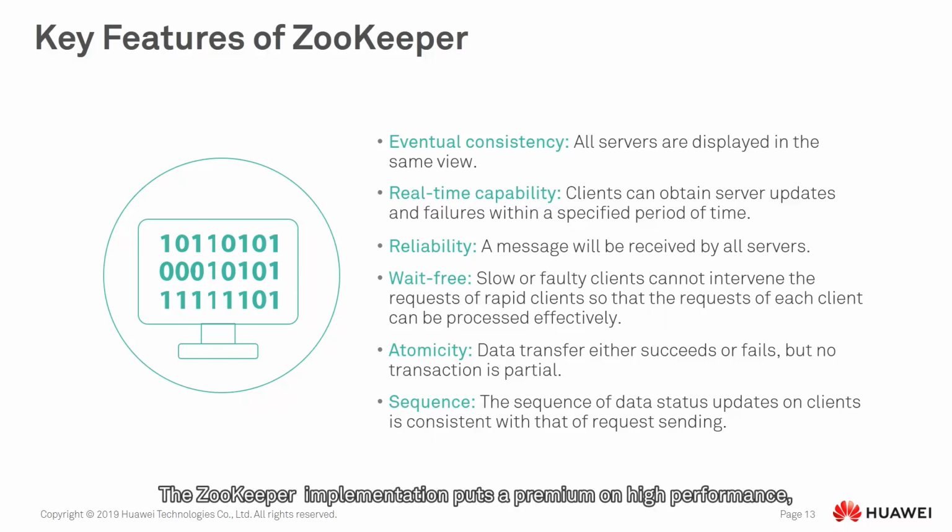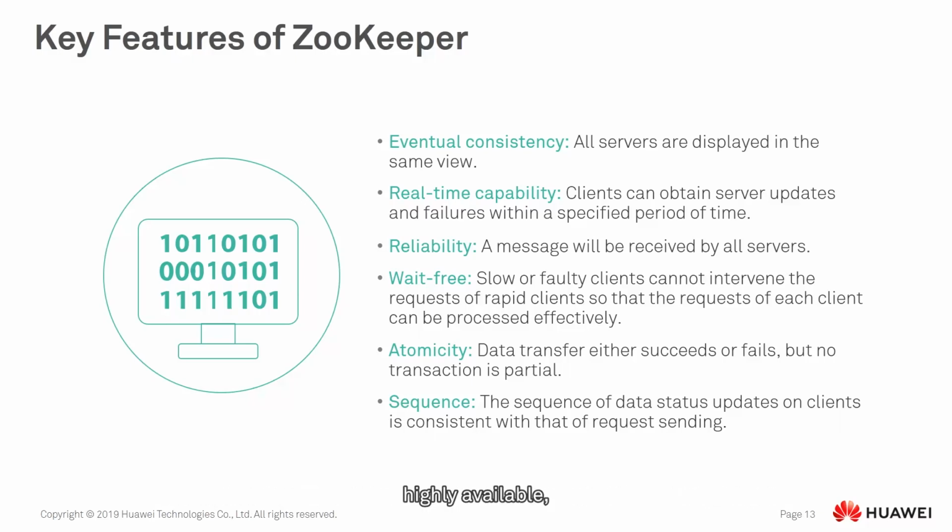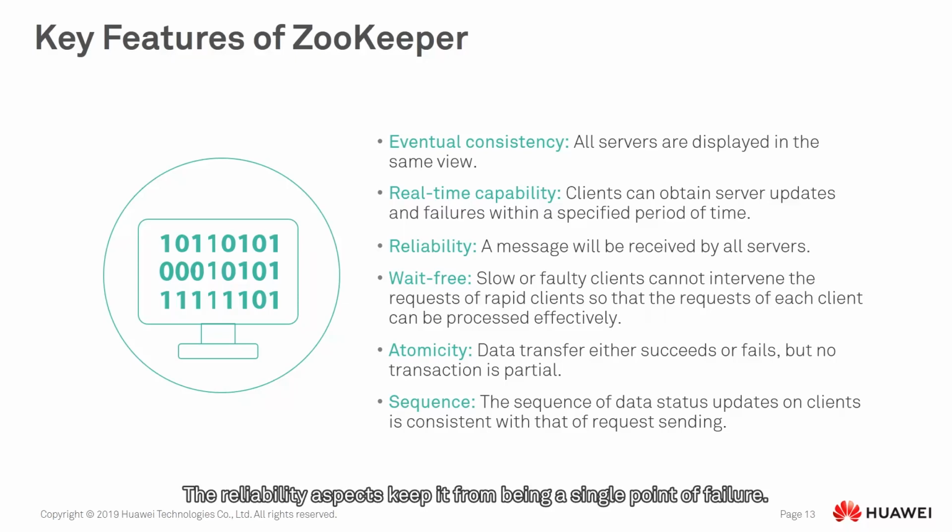The ZooKeeper implementation puts a premium on high performance, highly available, strictly ordered access. The performance aspects of ZooKeeper mean it can be used in large, distributed systems. The reliability aspect keeps it from being a single point of failure.